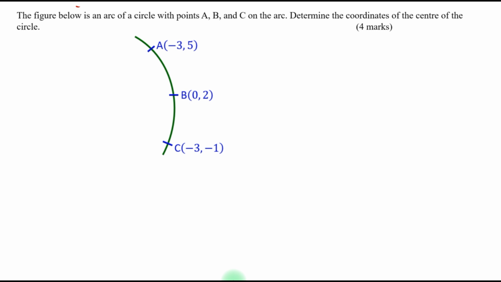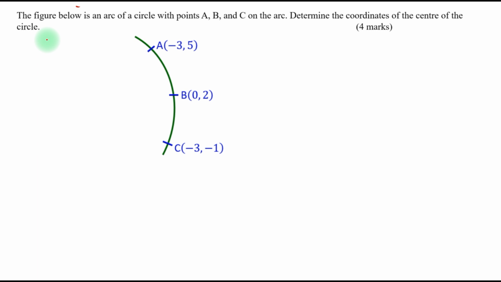We are going to solve this question, which says that the figure below is an arc of a circle with the points A, B, and C. On the arc, determine the coordinates of the center of the circle.